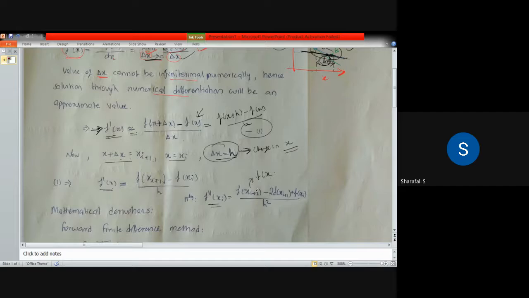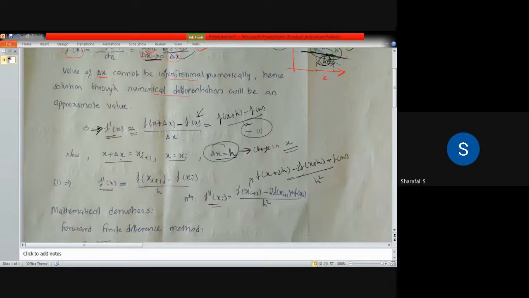Similarly, for f of xi plus 2, we can write f of x plus 2h minus 2 times f of x plus h plus f of x, divided by h square. So this is the equation for second order differentiation of that particular function f of x at xi.